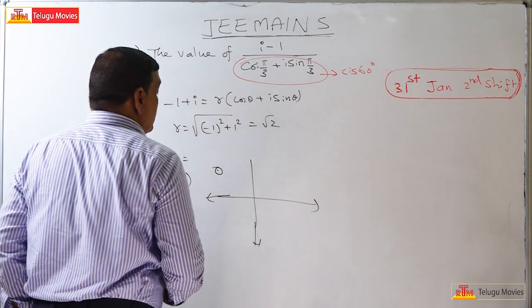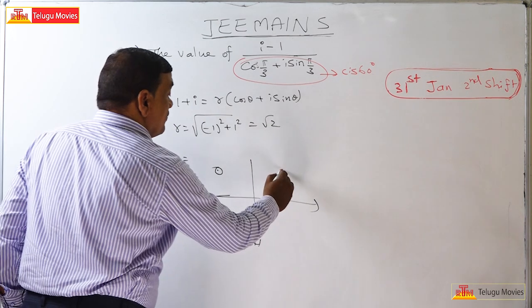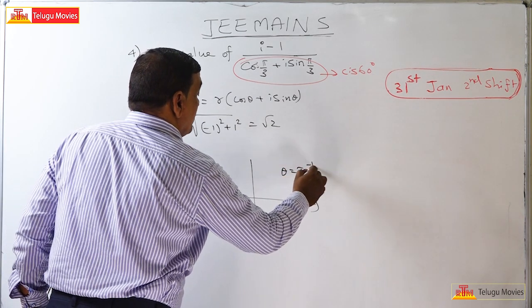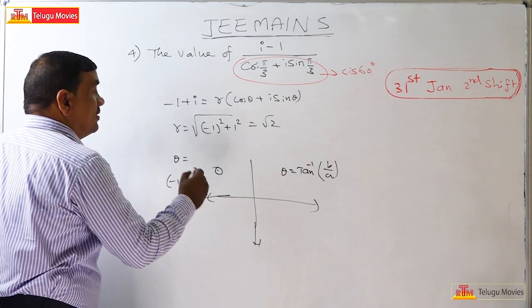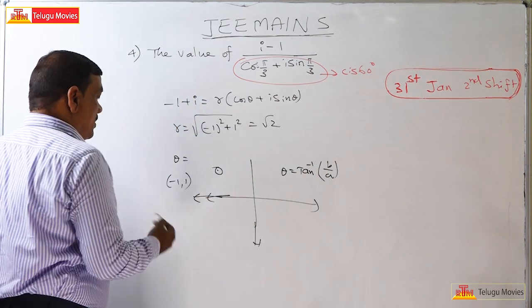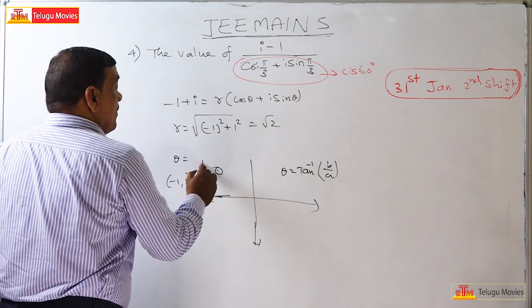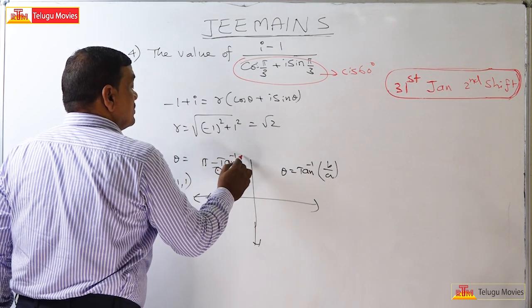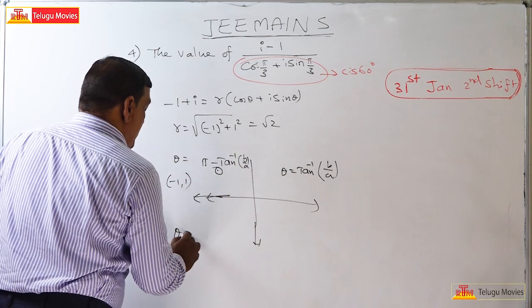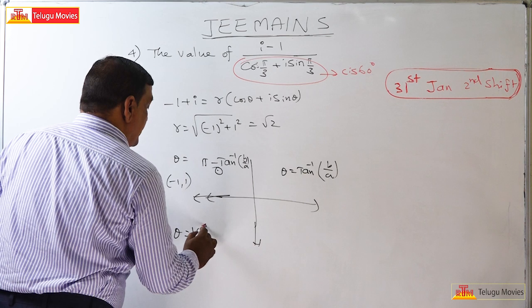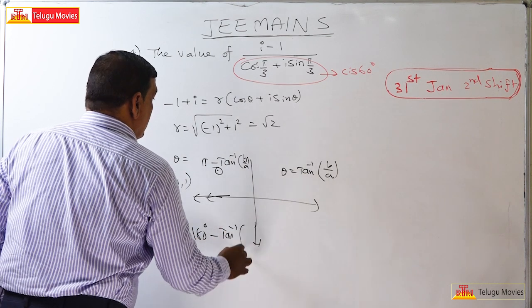What is the amplitude in the second quadrant? In the first quadrant it is equal to tan inverse of b by a. In the second quadrant it is pi minus tan inverse of b by a. Therefore theta is equal to pi, meaning 180 degrees, minus tan inverse of b by a.